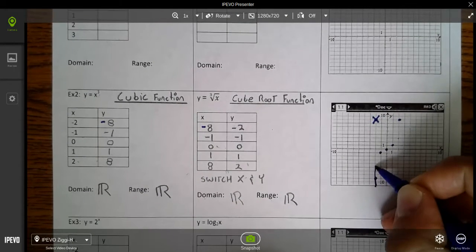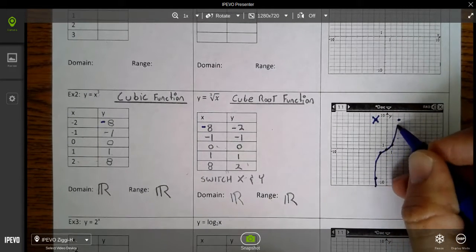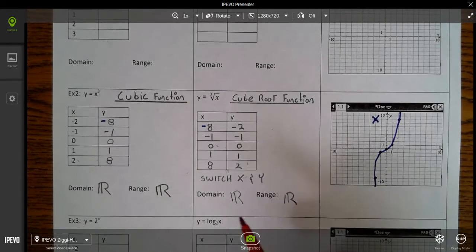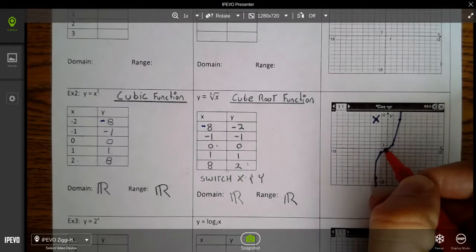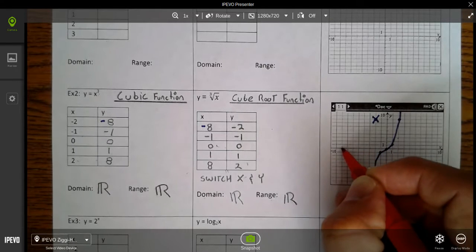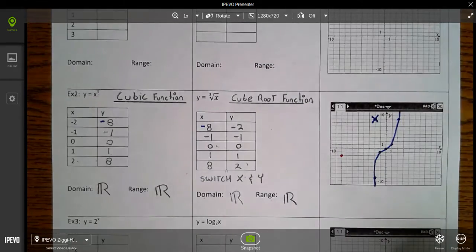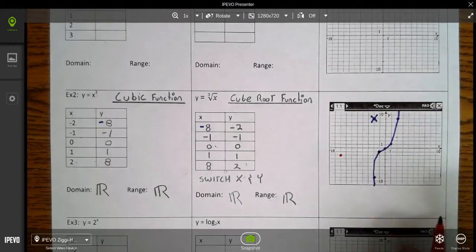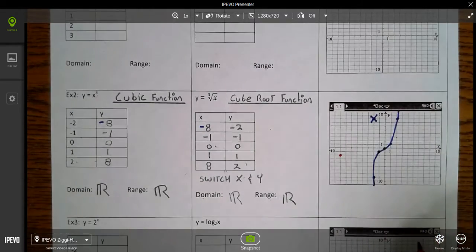So now we're going to connect the points. Now, we're going to graph the inverse in red. So the first point is negative 8, negative 2, negative 1, negative 1, 0, 0, 1, 1, and 8, 2.